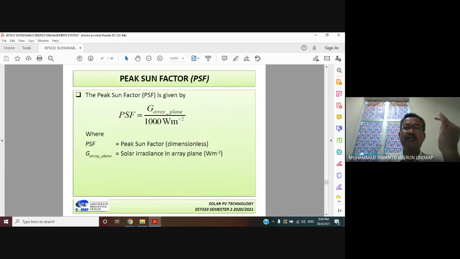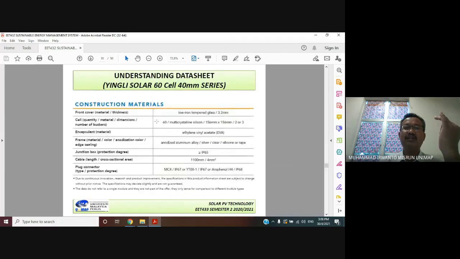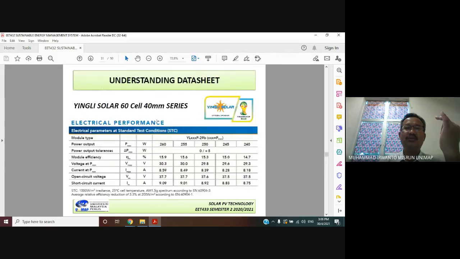We can refer to the datasheet of the Yingli PV module in the test condition. For the Yingli PV module 250, we obtain that open circuit voltage is 37.6, short circuit current is 8.92, and maximum power is 250 watt.